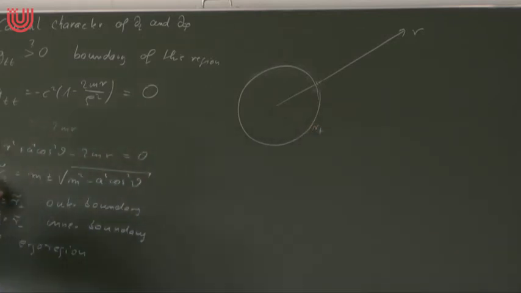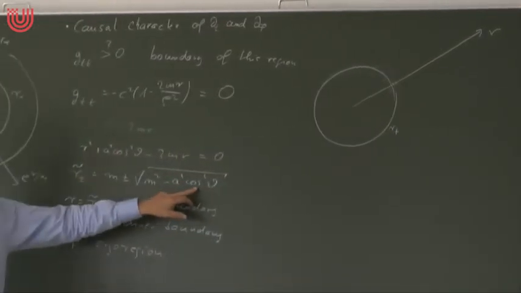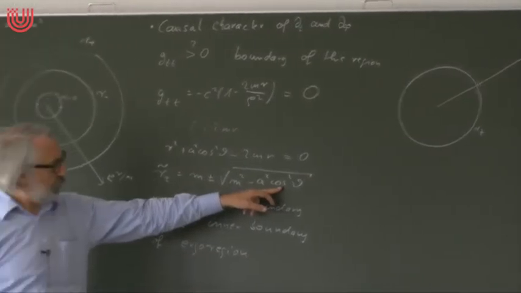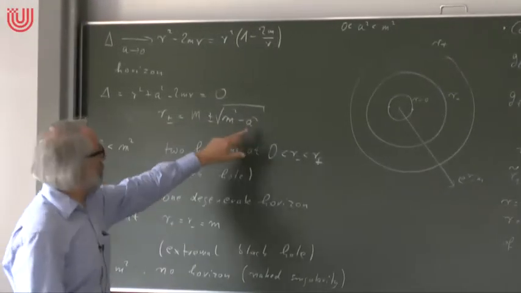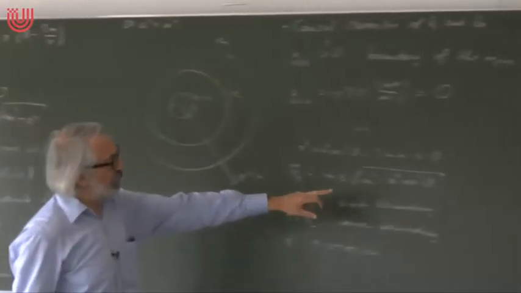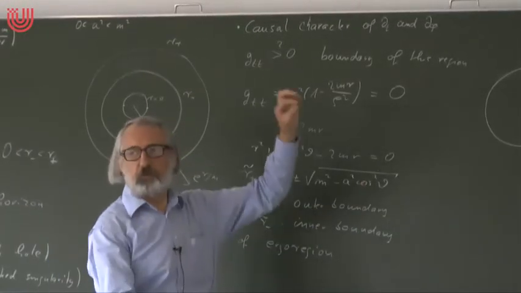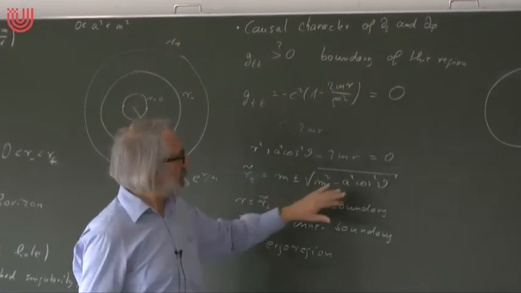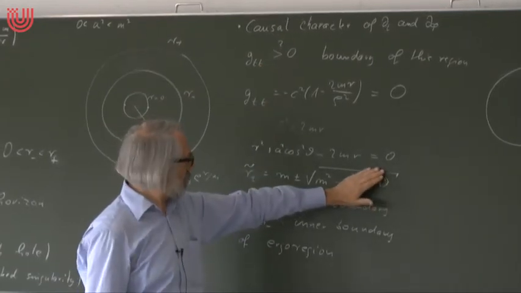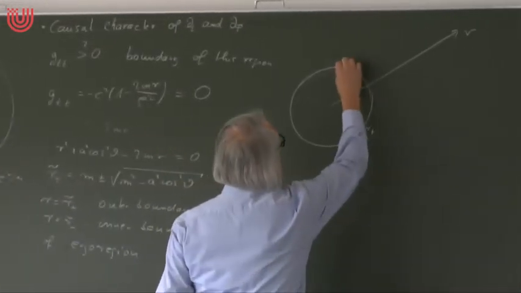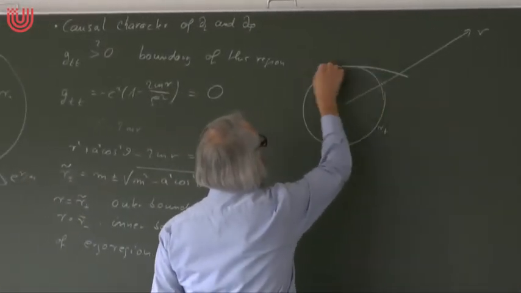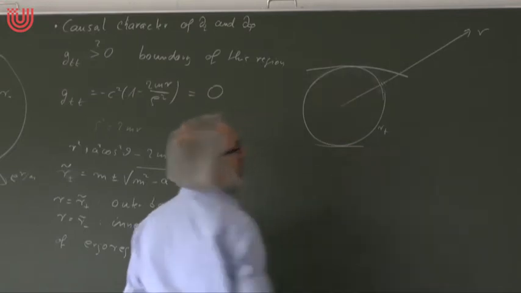And you see, if I have cosine theta equal to 1, and I compare with this expression, this means at the poles. At the poles, I have the same expression as for the horizon. So at the poles, the boundary of the ergo region touches the horizon.